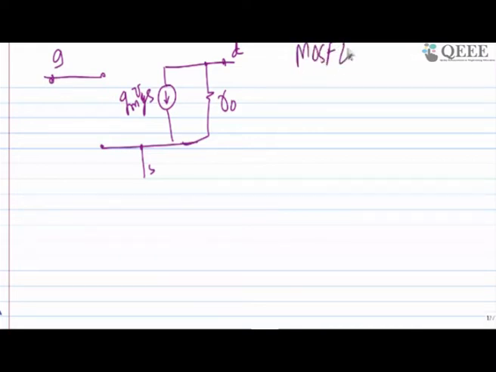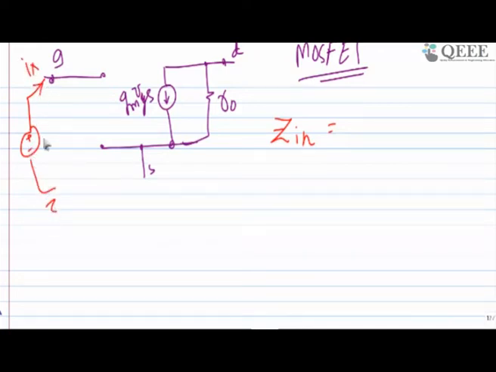If you follow those equations and derive this two-port network using Y parameters, it looks like this. If I am looking at the input side, there is no doubt, if I am applying some known voltage here and trying to find out how much is Vx by Ix, I am directly saying infinity. So it's a very known concept that input impedance is infinity. That's the biggest advantage of MOSFET.